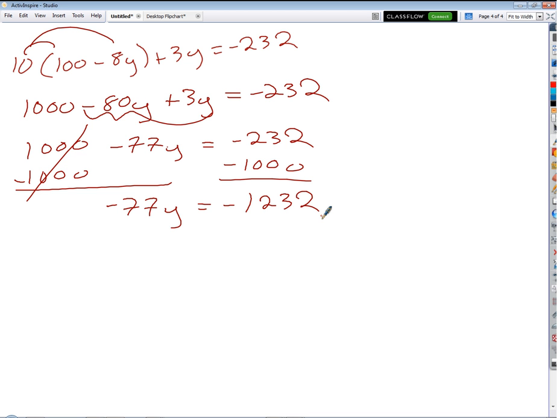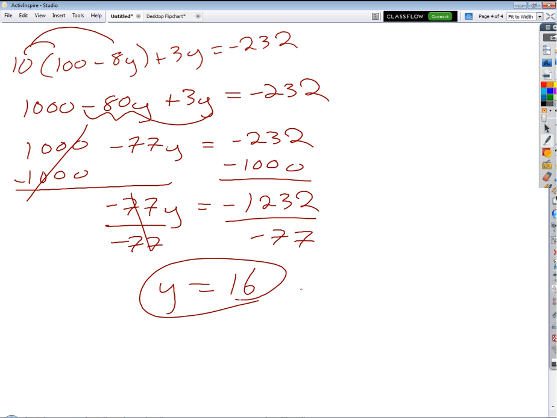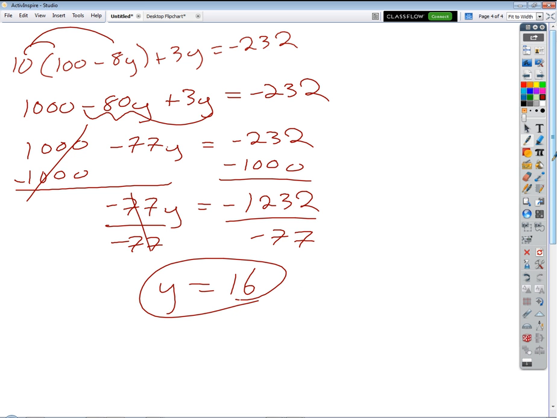Last step, divide by negative 77, and negative divided by negative is positive. That's got to be 16. Is that right? Somebody have a calculator? Is that 16? Okay, so we got y, right?